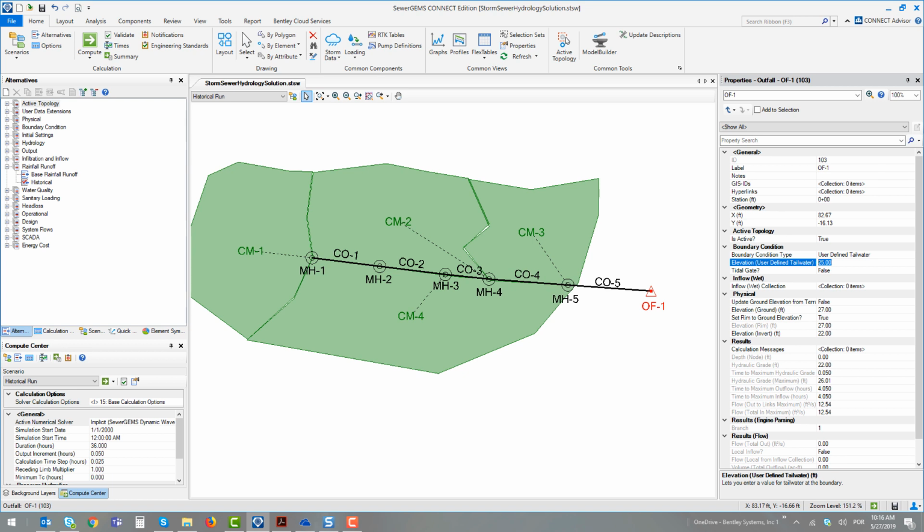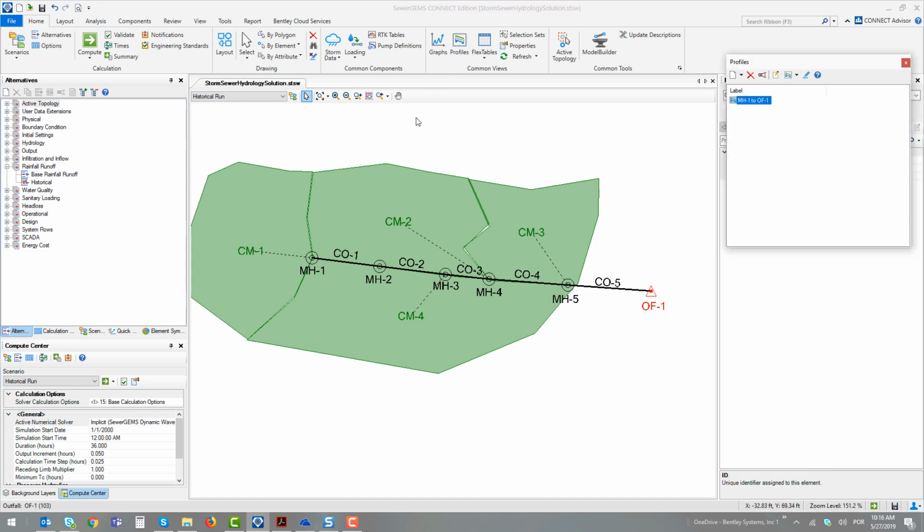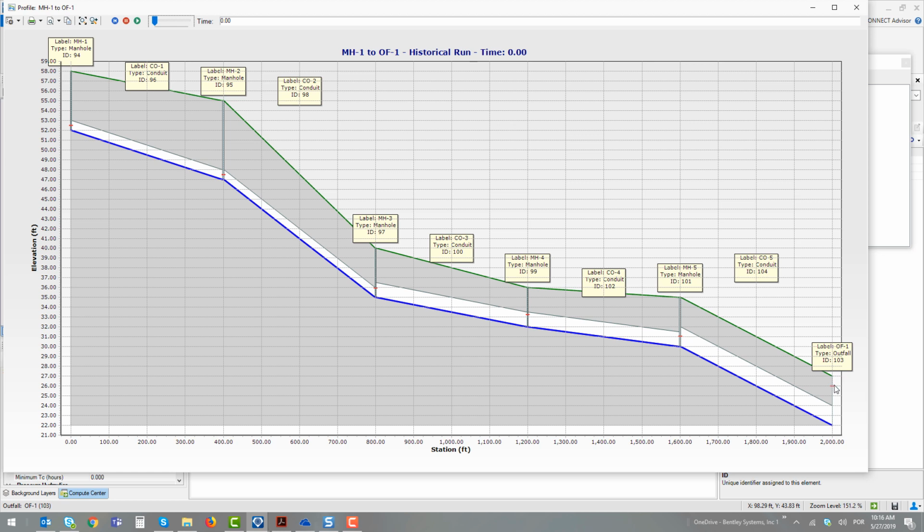As a consequence, the conduit that is discharging at the outflow element is receiving water at a submerged outflow. So as a consequence, at the peak flow event, we can check that conduit number 5 is operating surcharged.